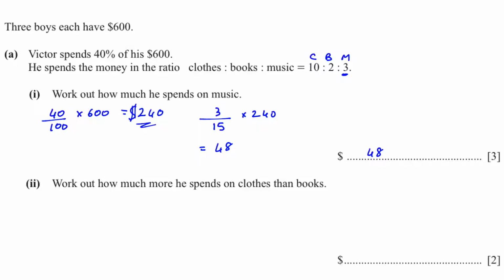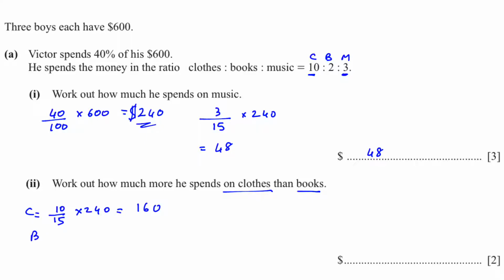Work out how much more he spends on clothes than books. Clothes is 10 over 15 of 240. That is 160. This is your clothes.